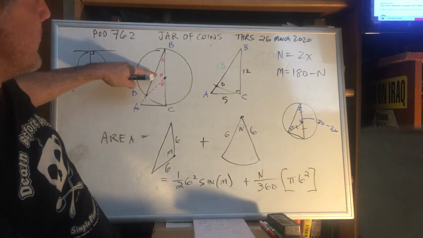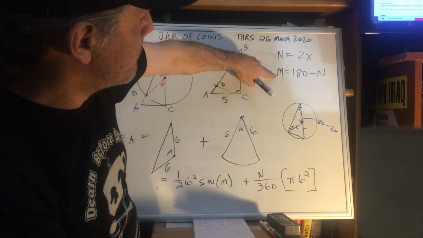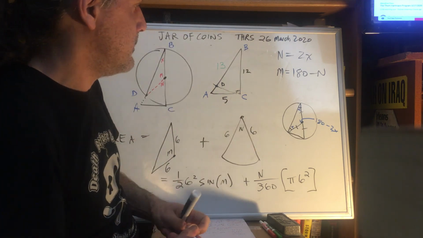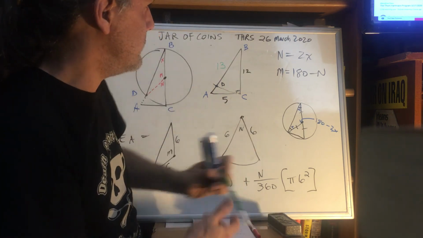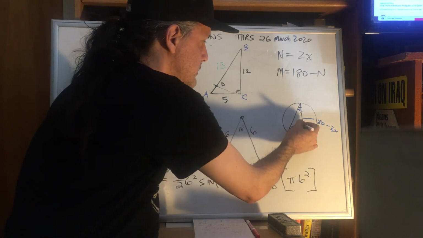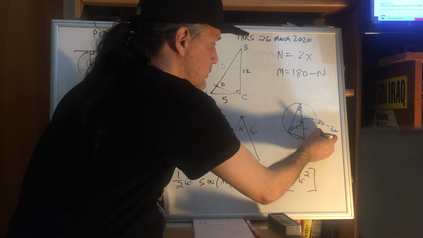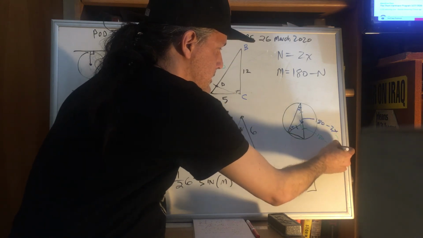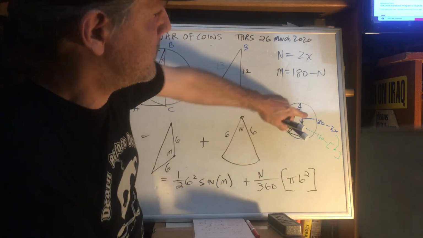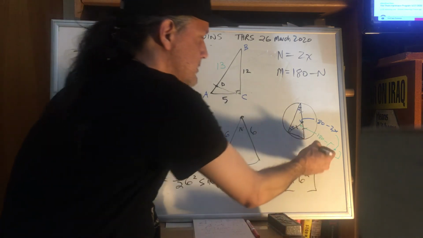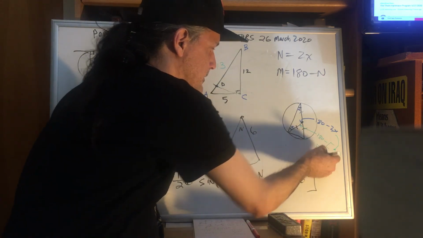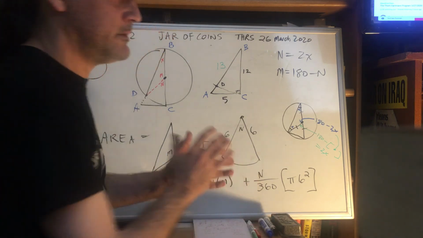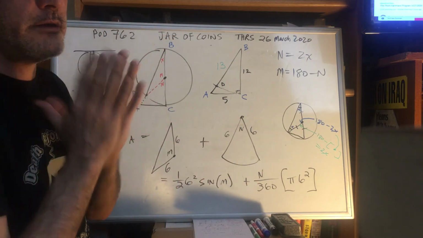Well, I called that angle M. And then the reason n is 2x is because then this angle right here is 180 minus that. Well, you subtract the 180, you get 0. So this equals 2x. So that's the basis of this problem, establishing the angles.